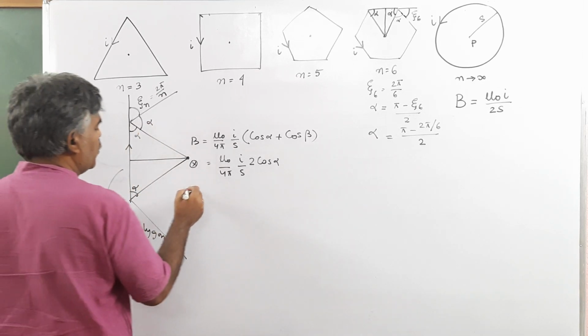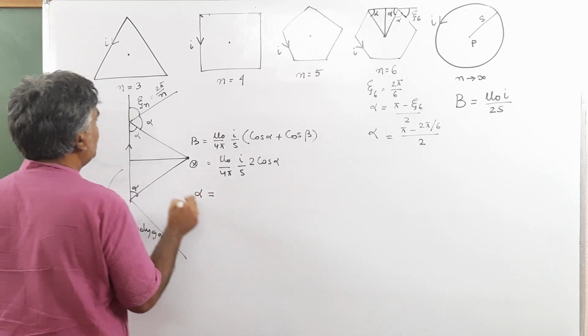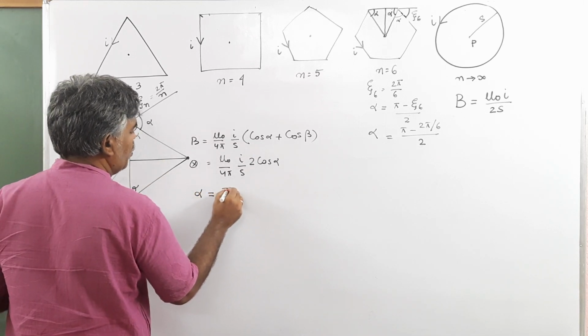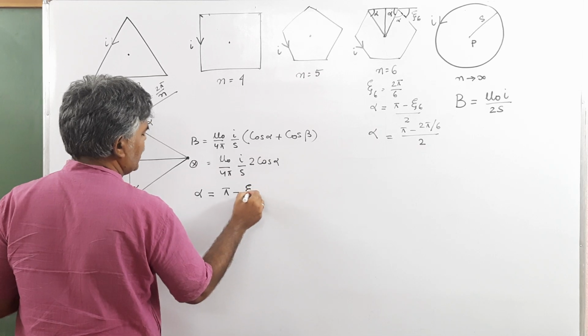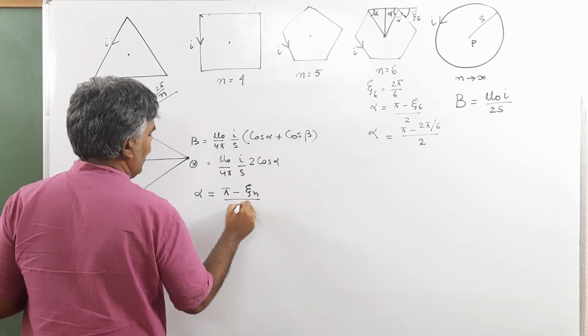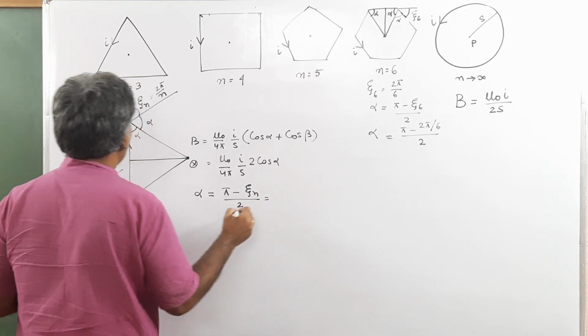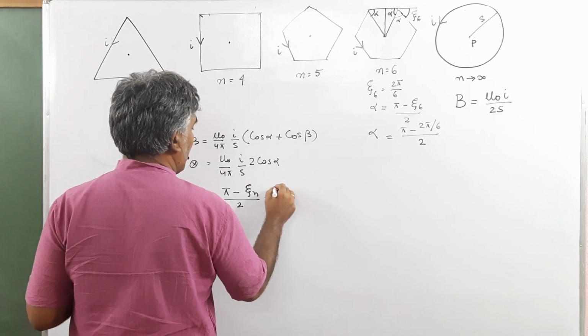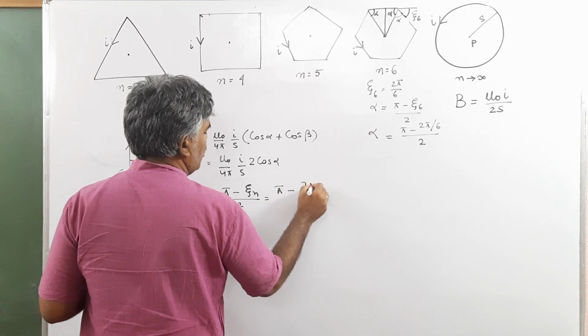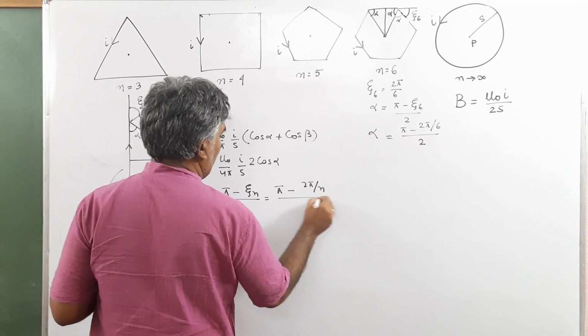So here what is alpha? Alpha is equal to, you subtract xi n from pi and then you divide it by 2. So it is pi minus 2 pi by n, by 2.